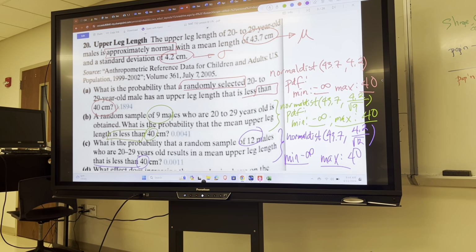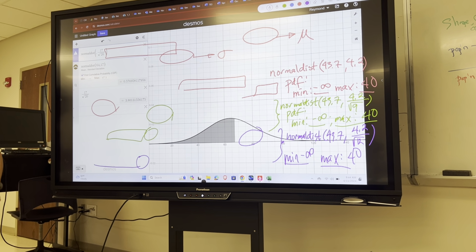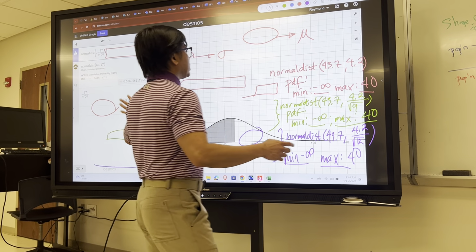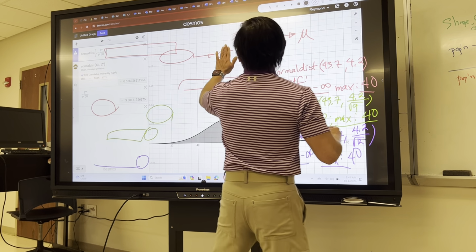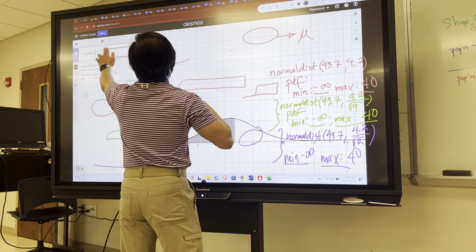Because that's going to answer letter D, the effect. As the sample size increases, what's happening to the probability? Let's verify in here. So what's the first one? Normal distribution. What's this going to be again? 43.7. Let me erase this one just to clearly see this part.